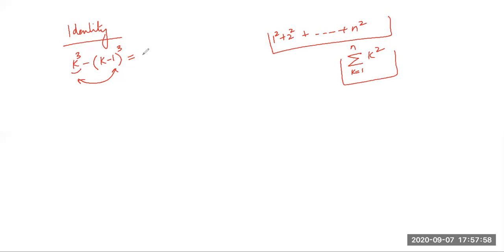Do you know how to expand this? So it will be k cube minus, please tell me the expansion of k minus 1 whole cube. Tell me. So this will be k cube, yes, minus 1 cube minus 3 into k into 1 into k minus 1, right?